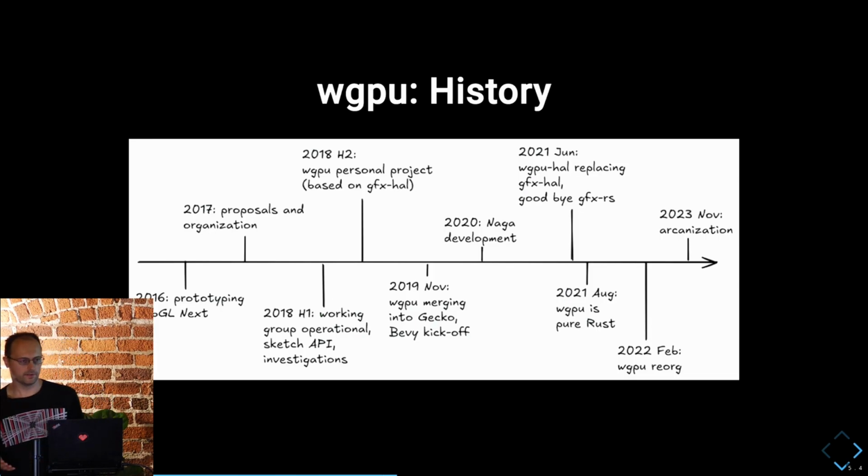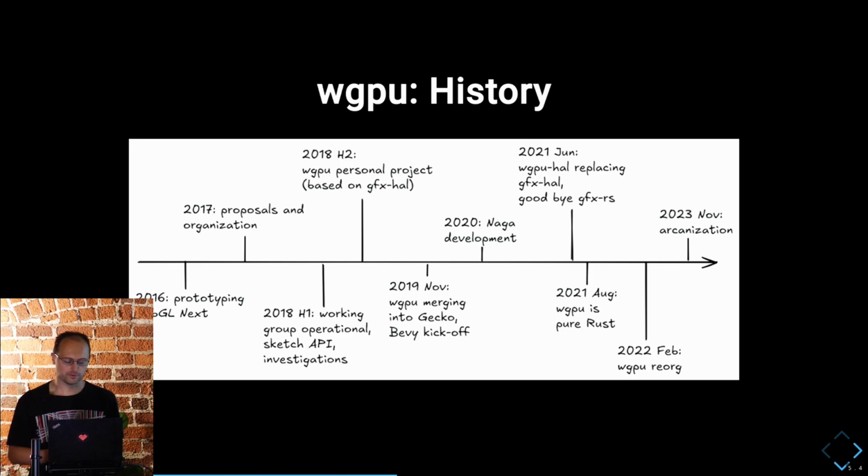Now the boring part, the history. This was not shown anywhere, so a unique slide. 2016, browser vendors talk with each other on multiple Khronos meetings, and they present projects on WebGL Next. That's their name of the initiative to see what comes after WebGL. And this is where I also come in and show something that's Metal-like for the web.